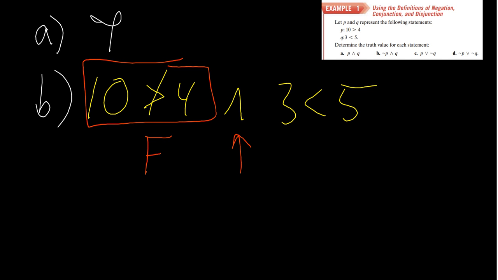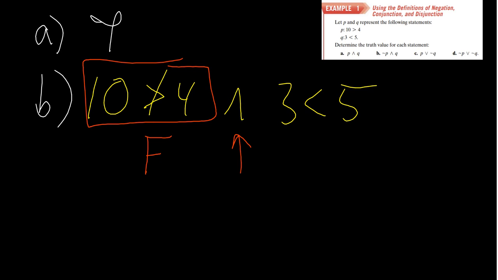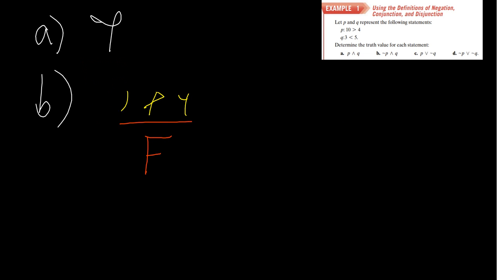Well, in order for a true statement with an and connective, then both statements must be true. Since 10 is not greater than 4 is a false statement to begin with, this entire B is going to be false.